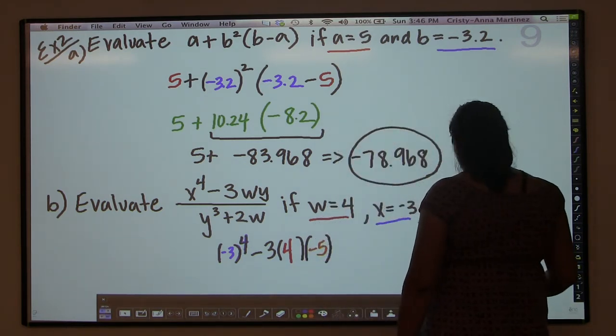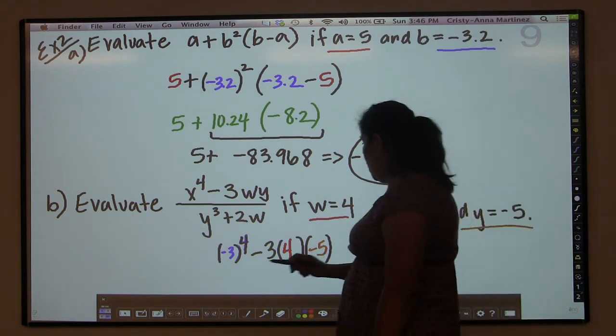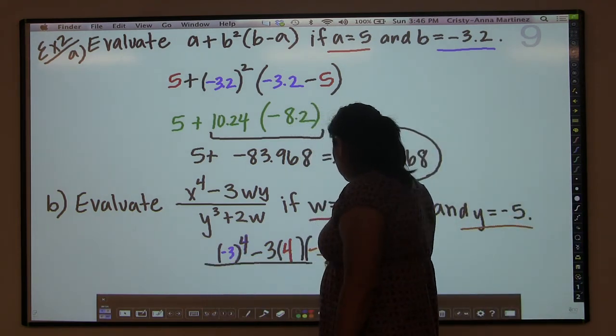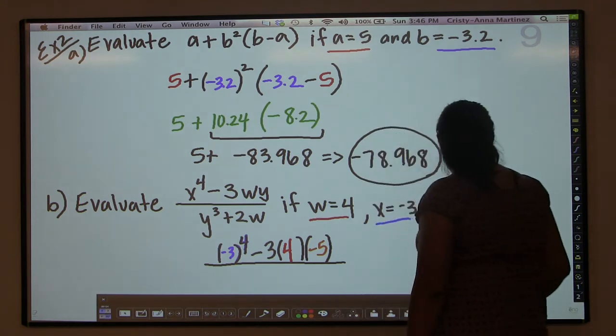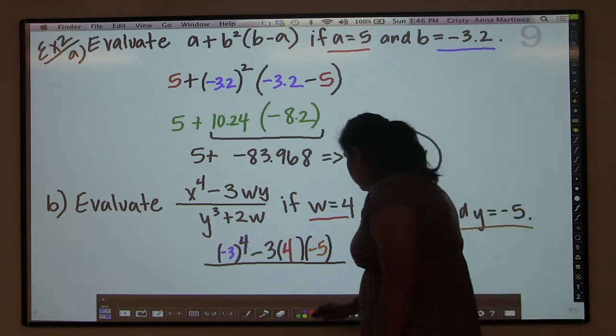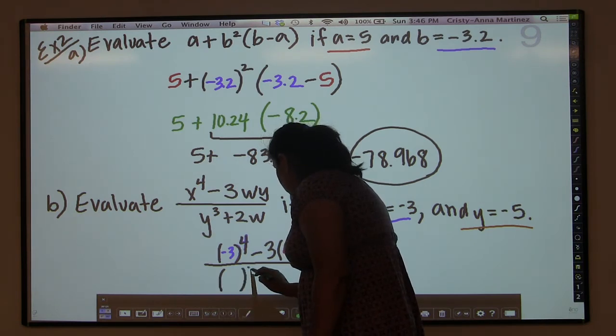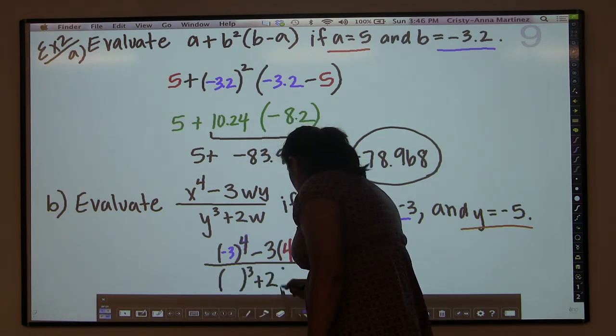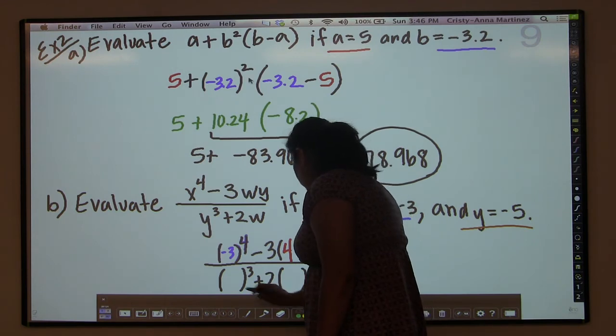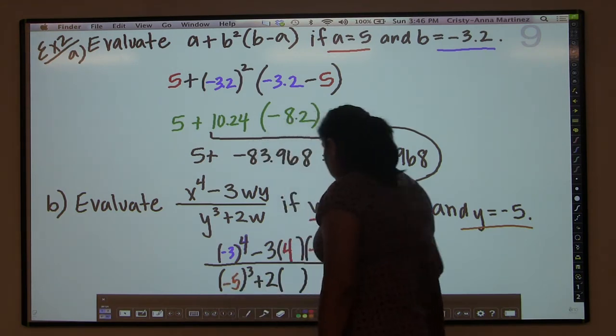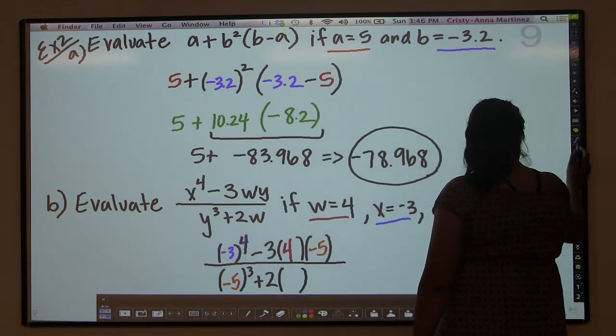So that's what's going to go on the top. On the bottom I have Y again, which again was negative 5, cubed plus 2W. So we're going to put the negative 5 in there. And W was 4.